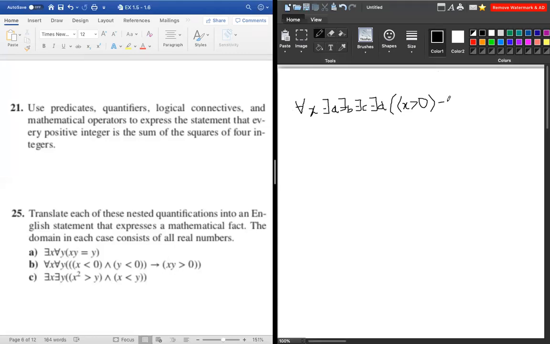So if x is positive, then x is equal to the sum of their squares, a squared plus b squared plus c squared plus d squared.